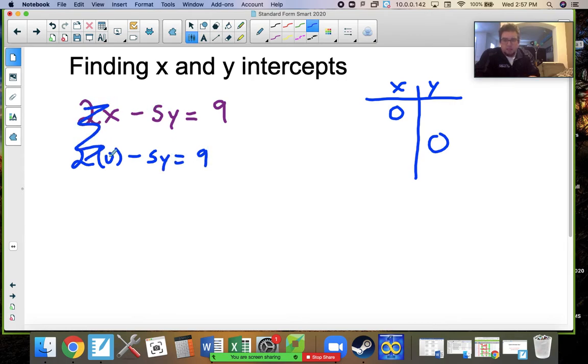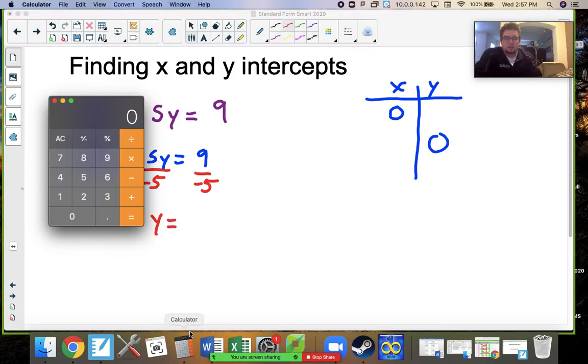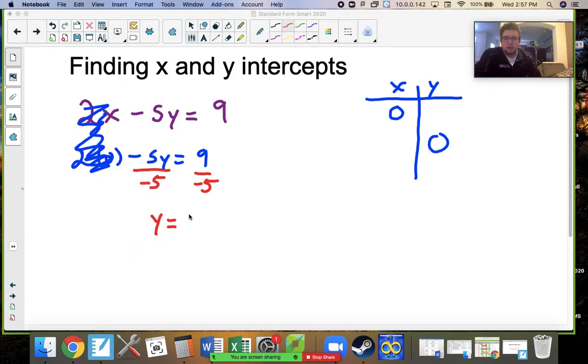So that 0 causes this to disappear, and all I have is negative 5y equals 9. I divide by negative 5 on both sides. And this is where I'm going to use a calculator to get a decimal approximation for me. So 9 divided by 5, I get 1.8.